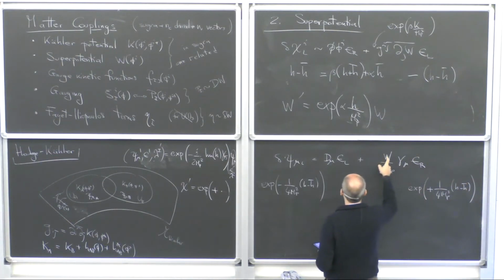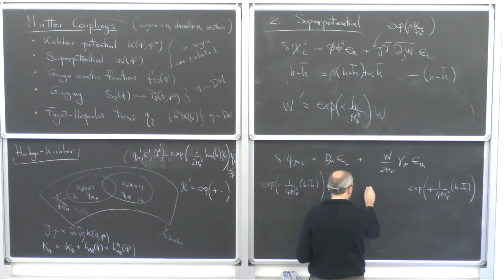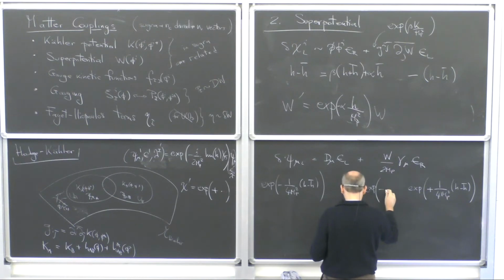The exponential now I assume that goes like that, so I have an exponential, well, let me put a minus actually, minus alpha rather than plus alpha. It's conventional. Like that.